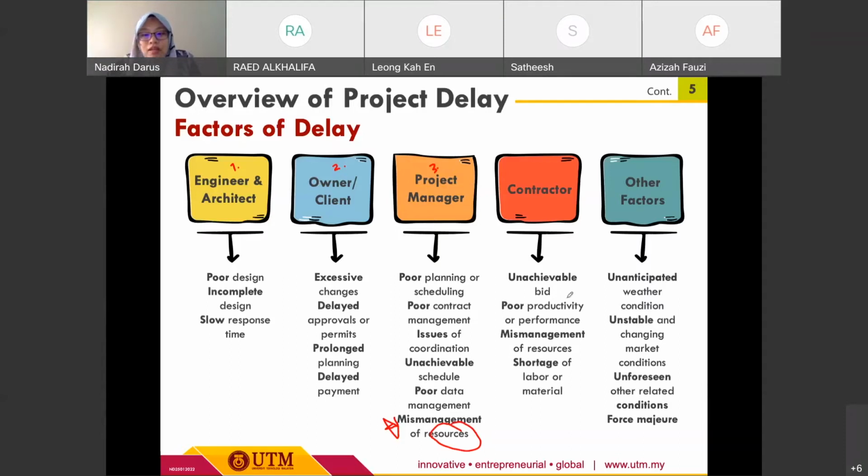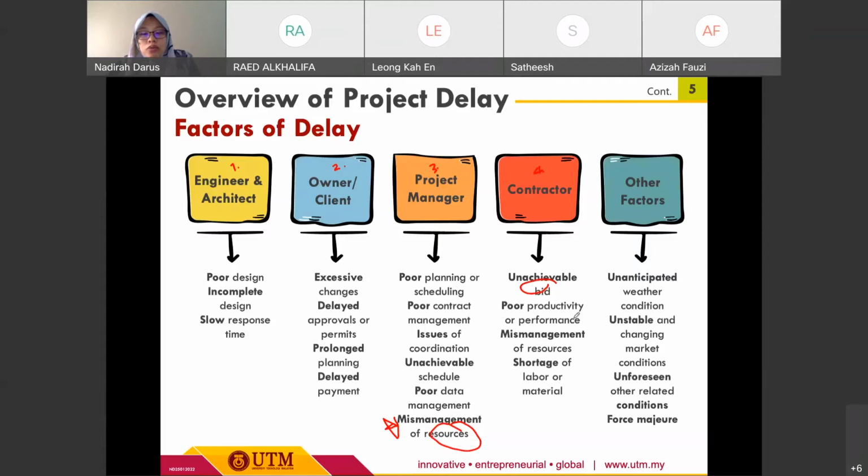Okay, and then the other factors of delay related to the contractor is the unachievable bid. Okay, at the early stage, once the contractor team enters the tender, they need to have a proposed amount for the project, which should be an achievable bid. Meaning that the bid should be matched with their capability to deliver the project, right? And then poor productivity or performance also will be another factor of delay.